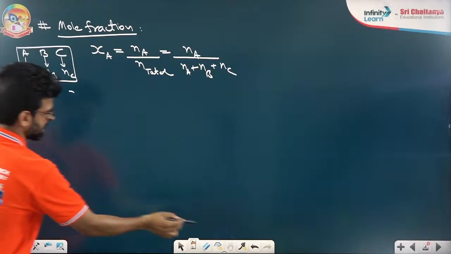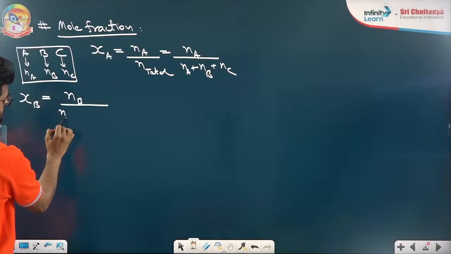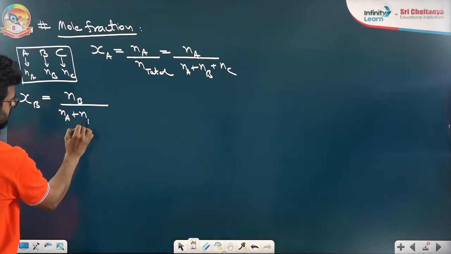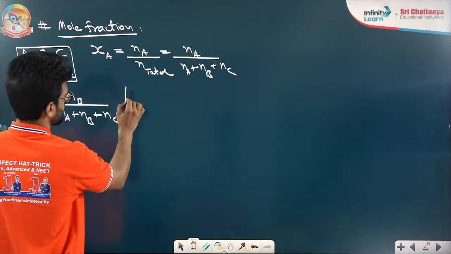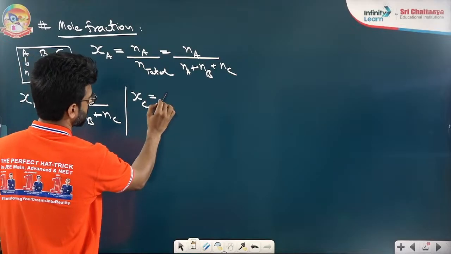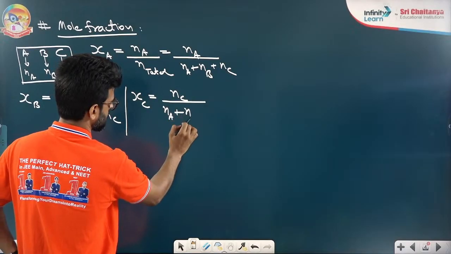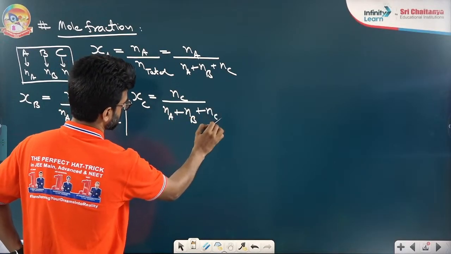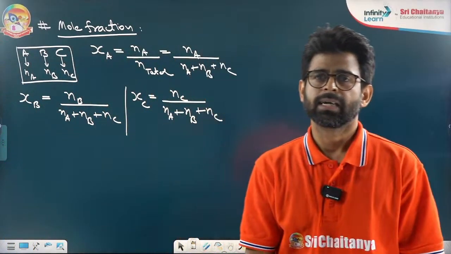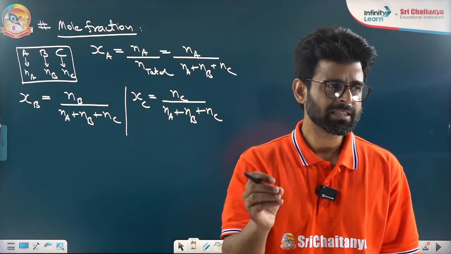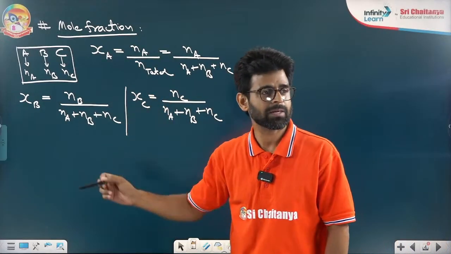I will say moles of B divided by total moles: moles of A, moles of B, moles of C. Similarly, what is the mole fraction of C? Mole fraction of C is moles of C divided by total moles: moles of A, moles of B, and moles of C. Getting my point? For whatever component you have to find the mole fraction, take its moles above and divide by total moles, right?